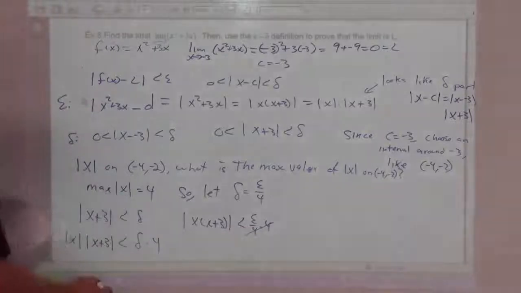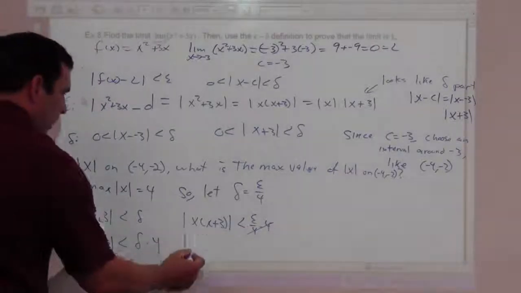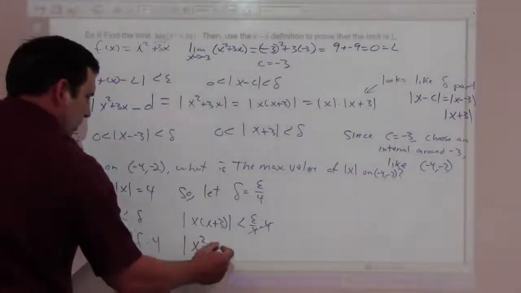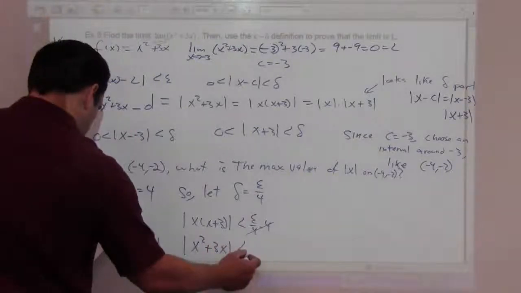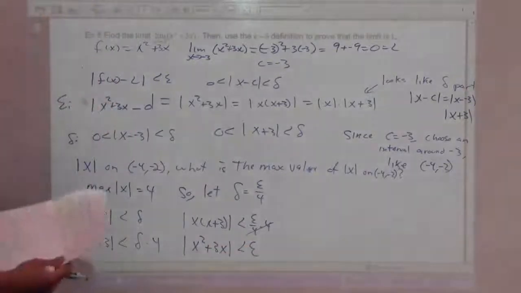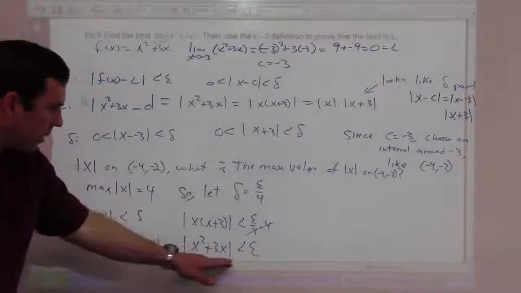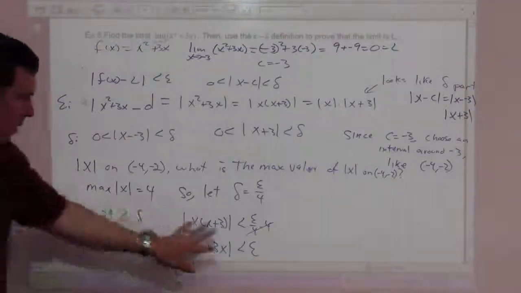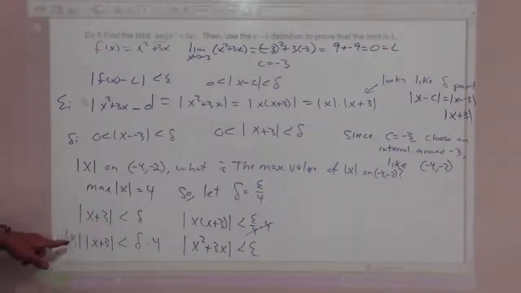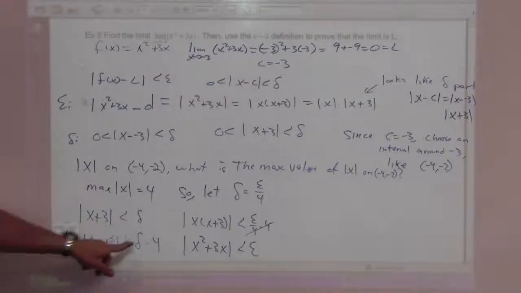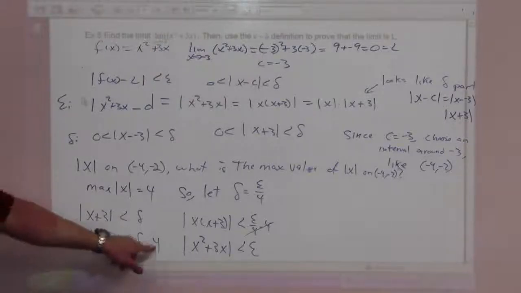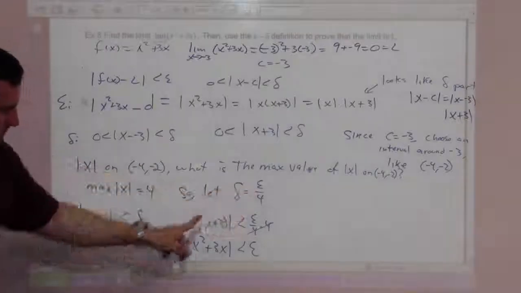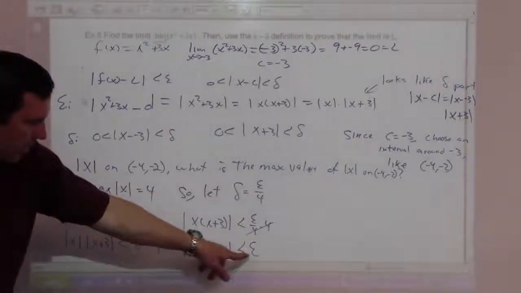We can choose it that way. And then the absolute value of x squared plus 3x is less than epsilon. So what we're seeing here is that there is a connection between our delta and epsilon parts. By saying the absolute value of x here and 4, we know 4 is bigger than or equal to the absolute value of x on the interval. That's why we could bring that in. And we chose delta to be epsilon over 4 so that it would cancel and give us an epsilon in the end.